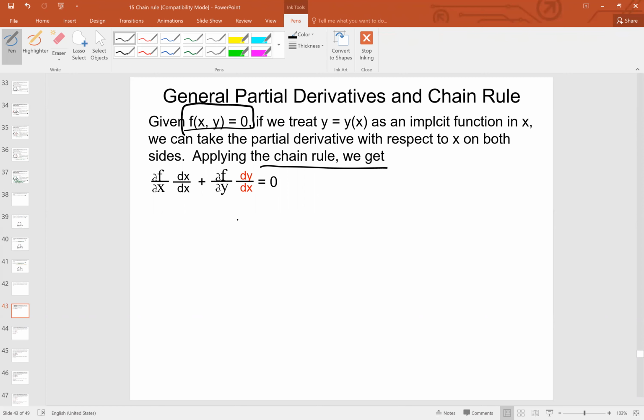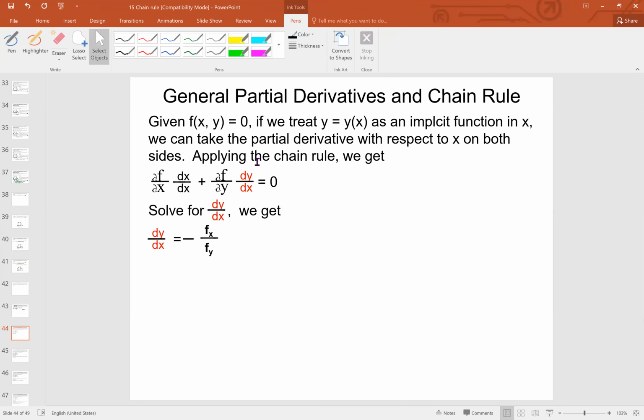If we do it that way, I get this equation. dx/dx of course is 1, and dy/dx is what I want, so I can solve for dy/dx and wind up with this equation. In other words, dy/dx is the negative of partial F partial x divided by partial F partial y. And that's a lot shorter calculation.